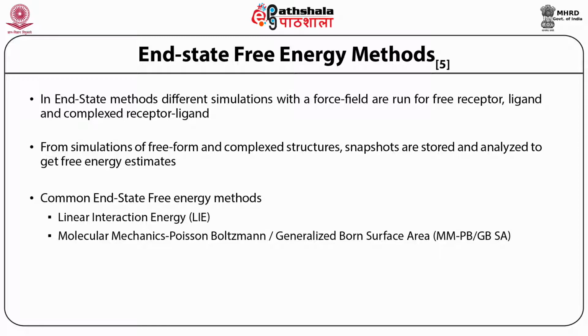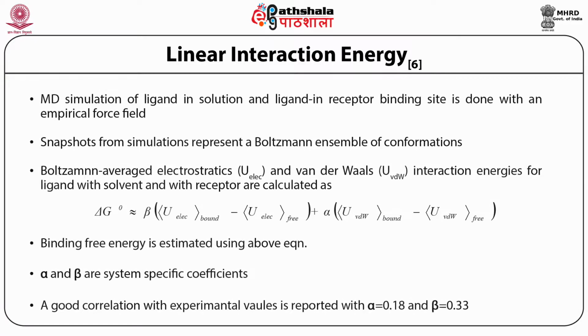The other method is to do MD simulation with either Poisson-Boltzmann or generalized Born surface area approximation. These two techniques were discussed earlier while discussing how to take the explicit solvent effect into the system. First, I talk about linear interaction energy. It is more like a snapshot of simulation representing the Boltzmann ensembles.